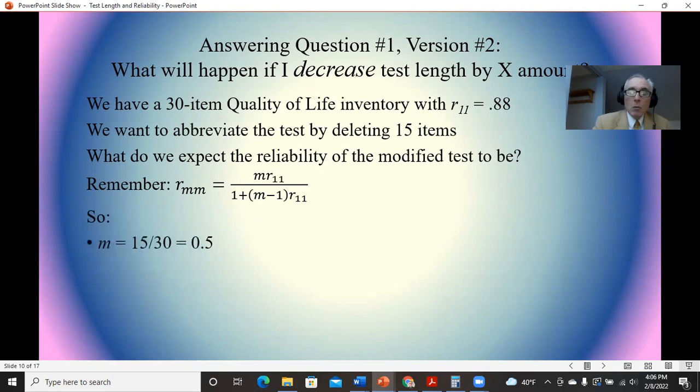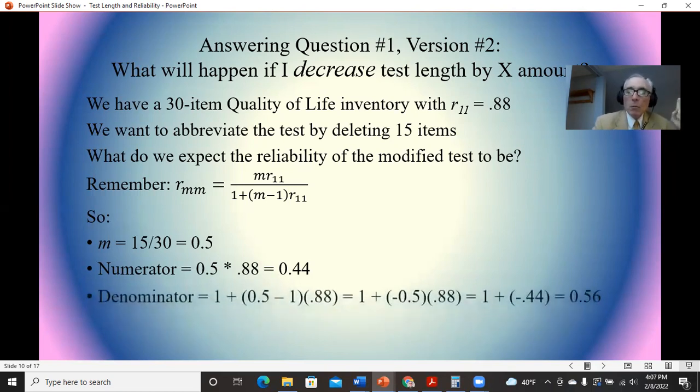In this case, m will be 15, the new length, divided by 30, the old length, or just 0.5. So the numerator, no biggie, 0.5 times 0.88 is 0.44. The denominator is just a wee bit tricky if you have trouble dealing with negative numbers. I don't want to insult your mathematical background, but I found that some people stumble over negative numbers, because when you take 0.5 and subtract 1, you get a negative 0.5.